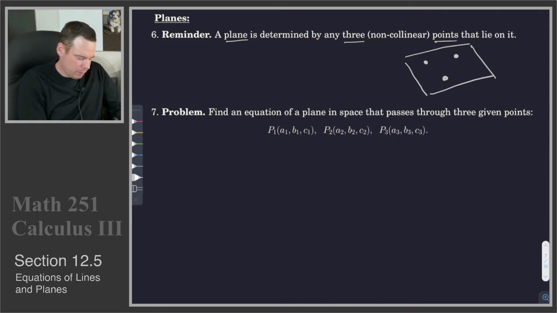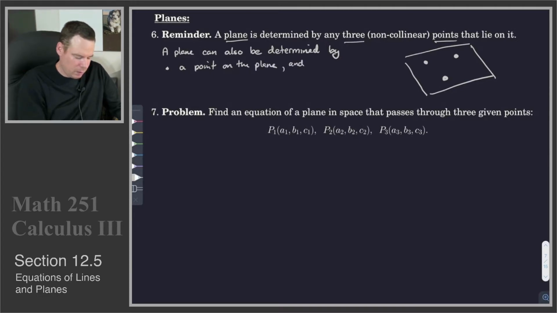How else can we determine a plane? Well, a plane can also be determined by a point on it. So a point on the plane. So just a single point now, not 3 points.